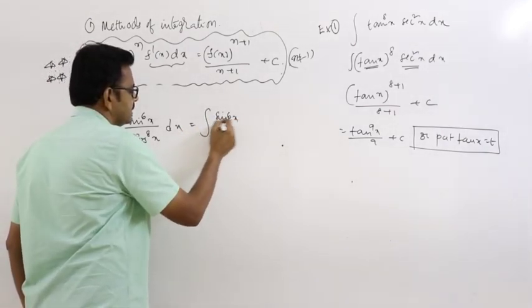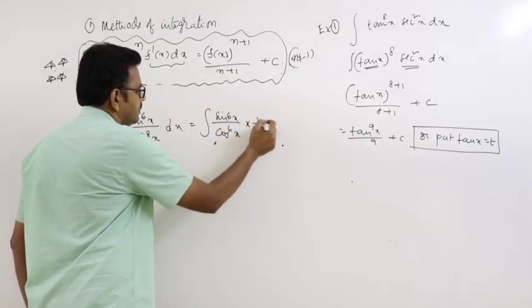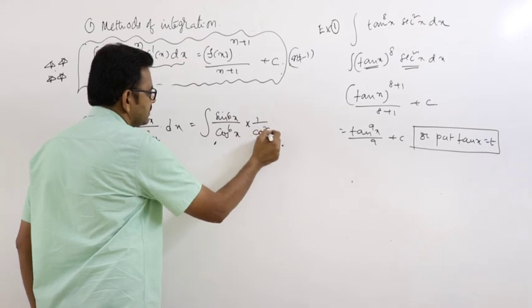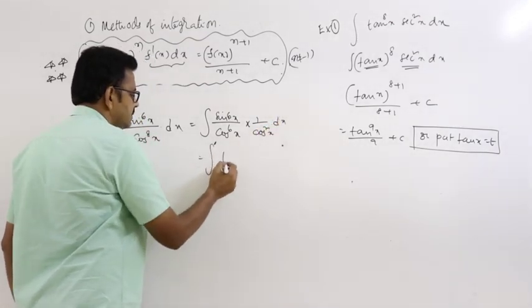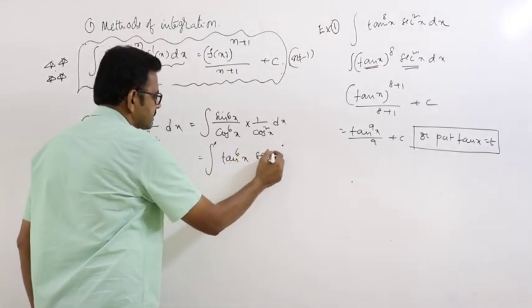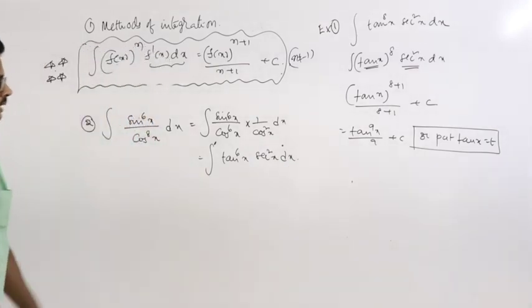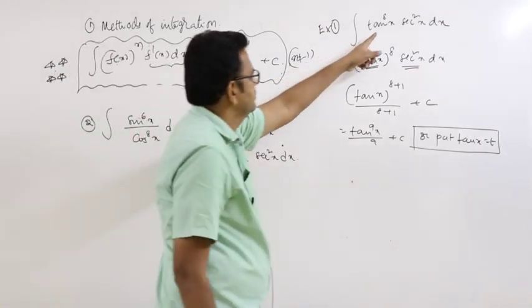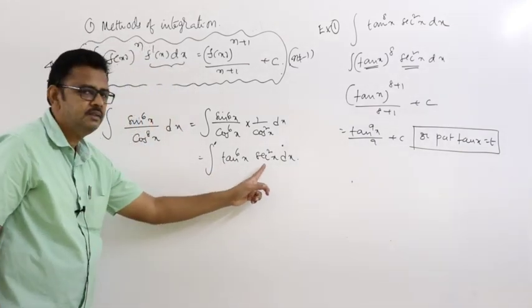Sin power 6x by cos power 6x into 1 by cos square x dx. This is integral of tan power 6x into secant square x dx. Again this is the same as the previous problem. The derivative of tan x is secant square x.